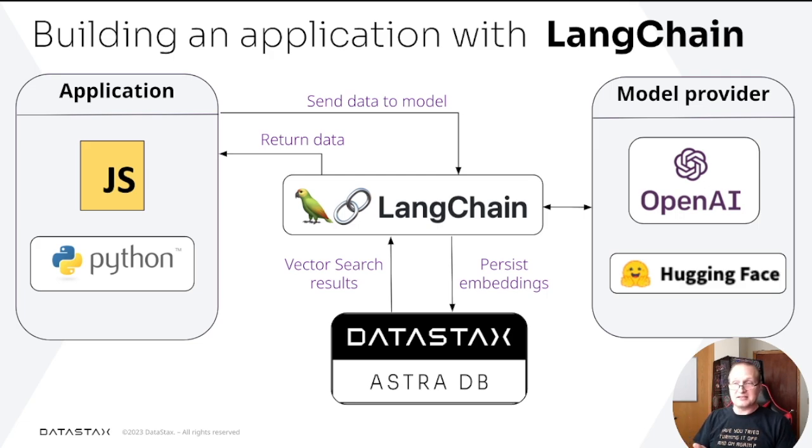So LangChain takes care of interacting with the model provider and the model itself. It takes care of working with your vector store, in this case, DataStax Astra DB. So it will automatically do things like creating and persisting embeddings, as well as invoking a vector search to go ahead and produce relevant data and then return that data back to your application.